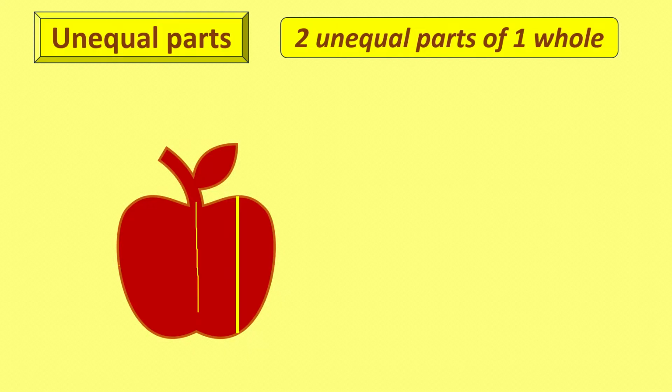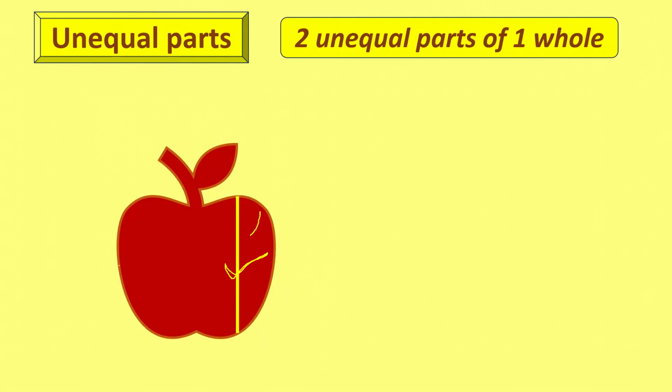So we cut it from here, the middle of it, bacha, but now we cut it from here. Okay, we cut it from here, not from the middle. So we get two parts again.